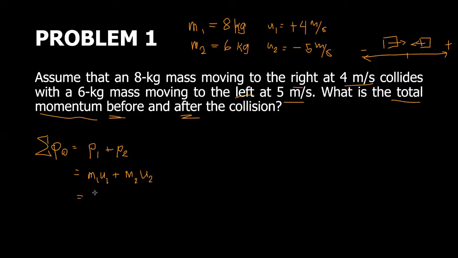Ano yung mass 1 natin? That is 8 kilograms. And it has a velocity of positive 4 meters per second. Plus, ano yung mass natin? That is 6 kilograms times its initial velocity of negative 5 meters per second.